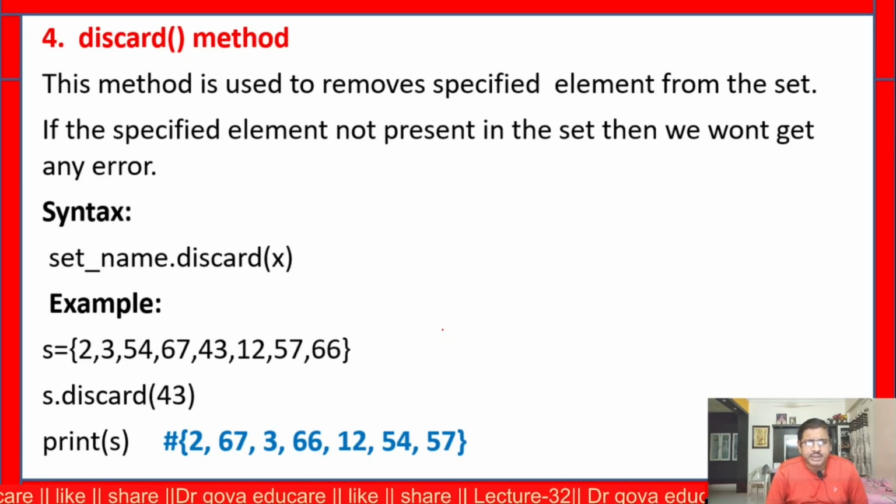If the specified element is not present in the set, then we won't get any error. This is the difference between the remove method and the discard method. The functionality is the same, whereas with the remove method, if the element is not present in the set, we get an error. In the discard method, we won't get any error.